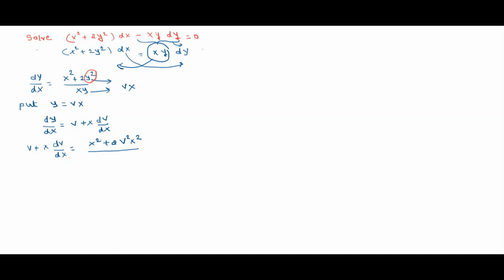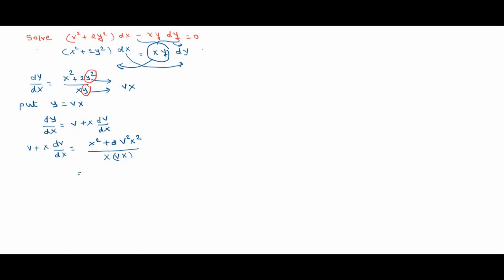in the denominator, first write x as it is. The remaining term is y. Substitute the value for this y, y is equal to vx.